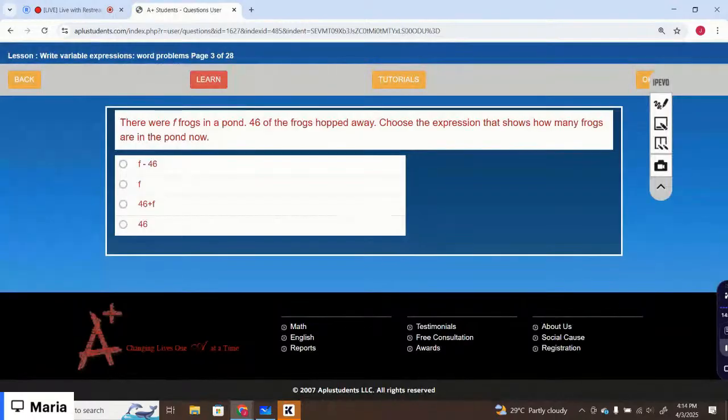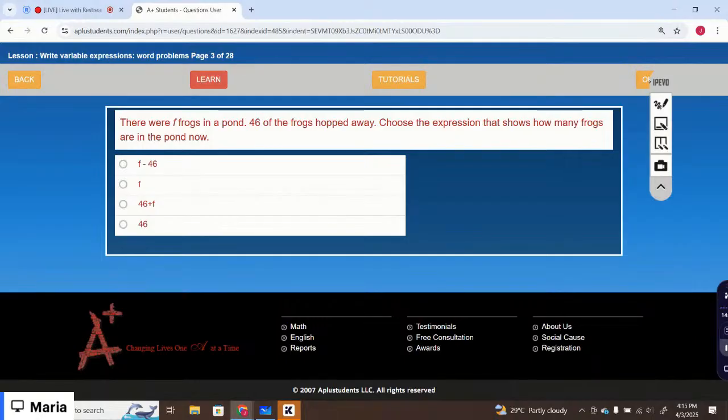There were F frogs in a pond. 46 of the frogs hopped away. Choose the expression that shows how many frogs are in the pond now. So there are F frogs, right? So 46 hopped away.